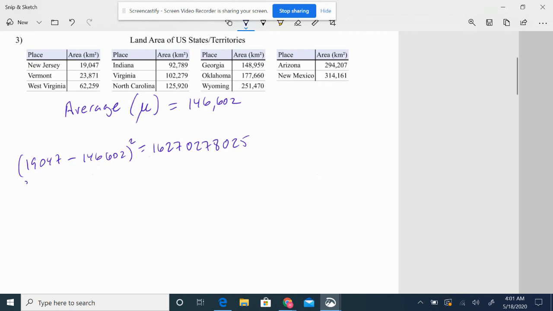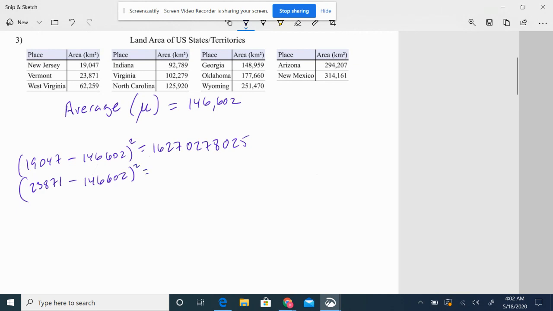For my next number, I'm going to go 23,871 minus the average. That gives me negative 122,731.